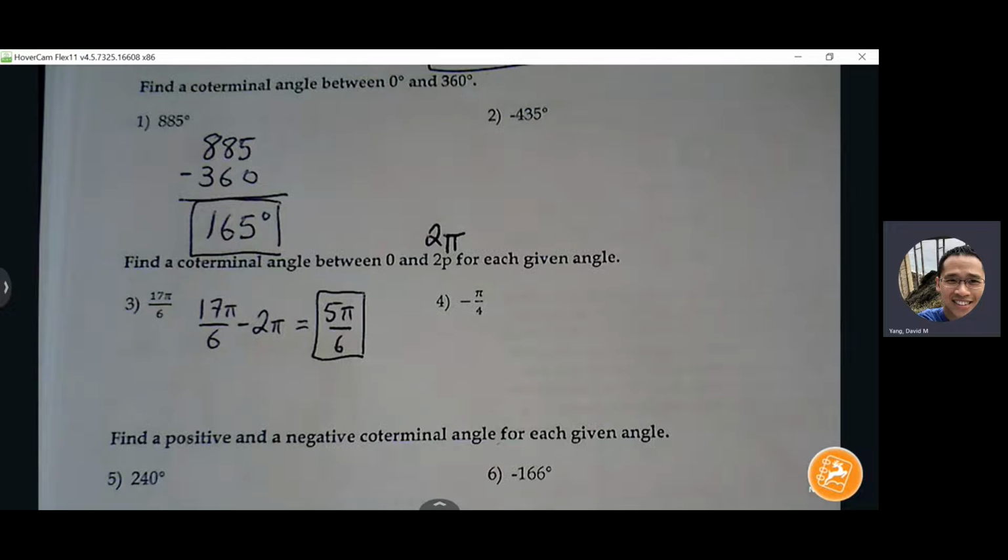So technically, you could have different answers for me for 1 through 7, and that's fine as long as you're following the rules of either adding, subtracting 2 pi or adding, subtracting 360.